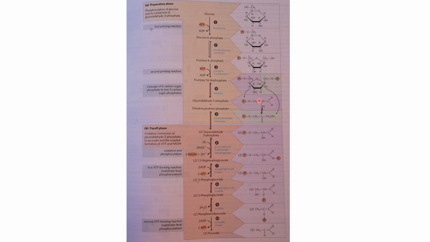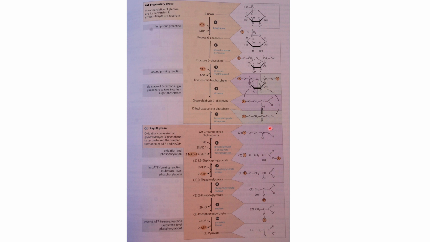And then this intermediate, with 2 phosphate groups attached to it, breaks with the use of aldolase, and that creates a glyceraldehyde 3-phosphate, which is right here, and the other molecule is dihydroxyacetone phosphate here.